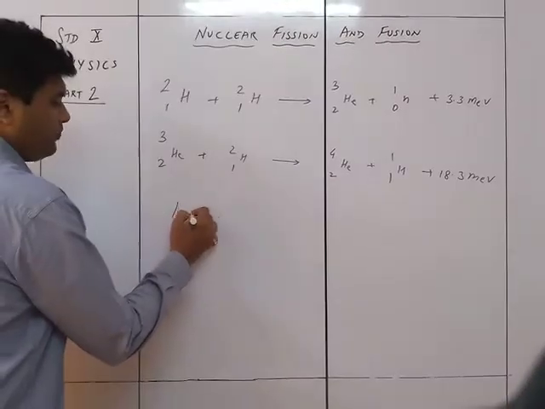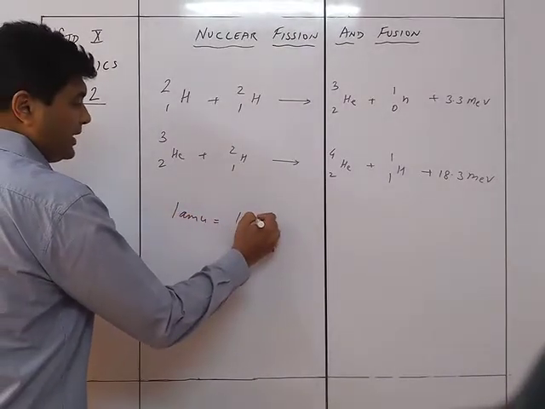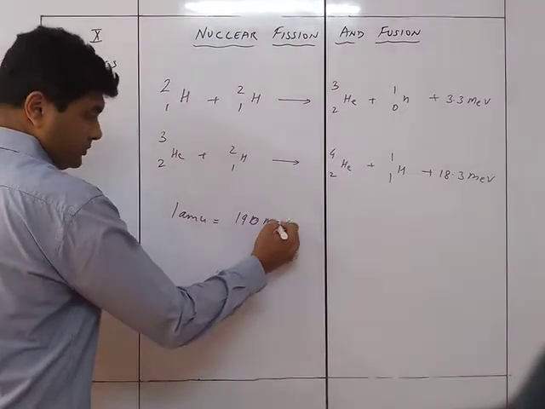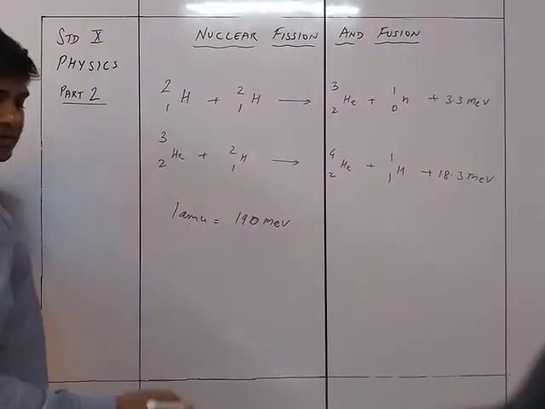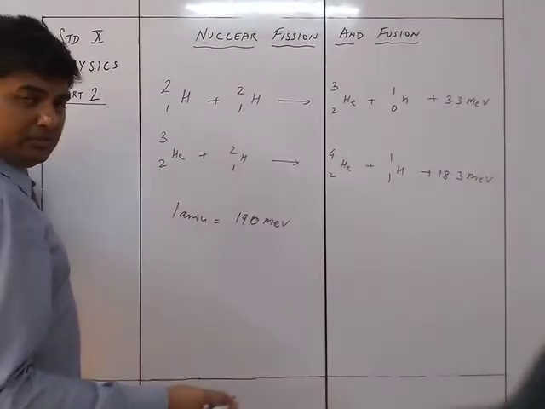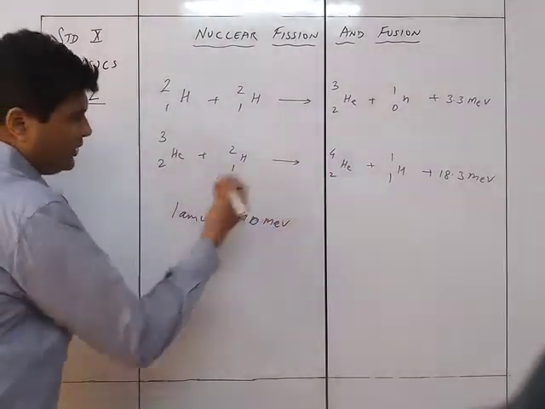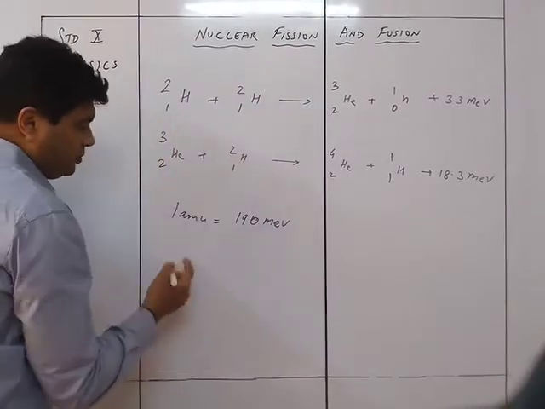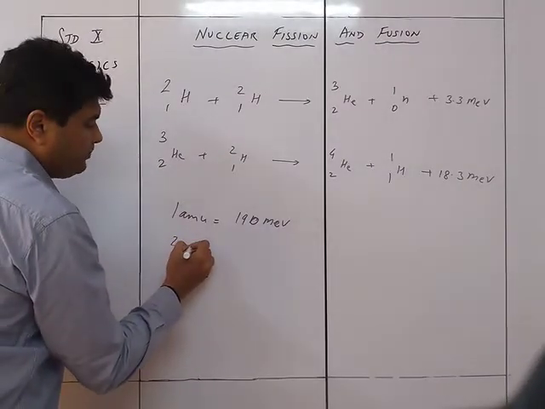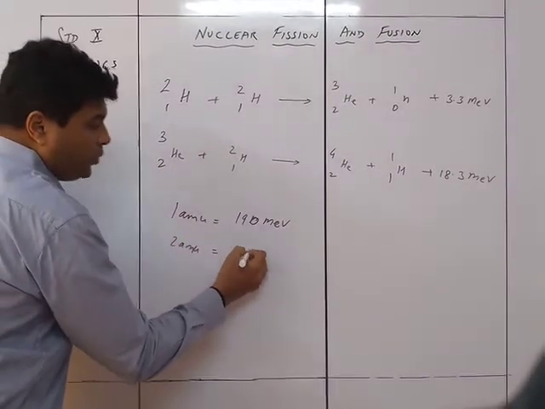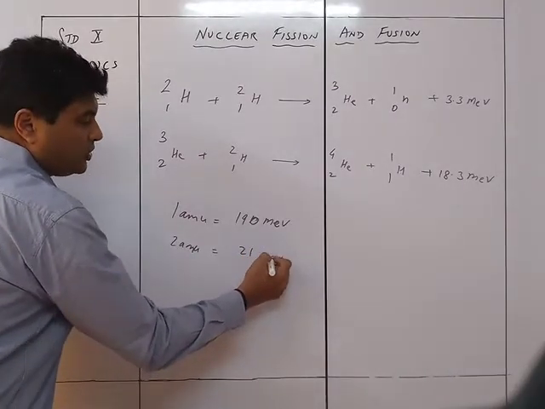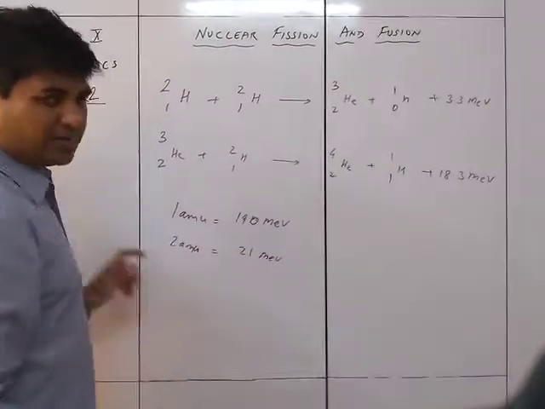Whereas when I take the helium case, with one hydrogen, for 2 AMU it gives you about 21 mega electron volt, not even that much, something less than this.